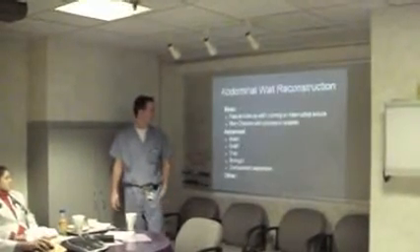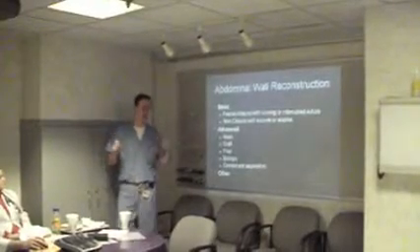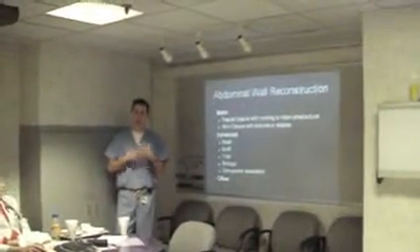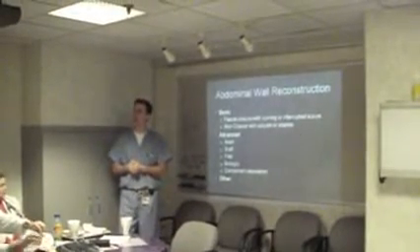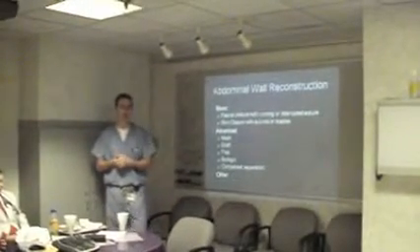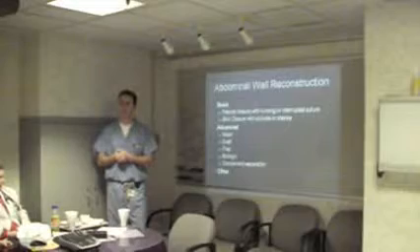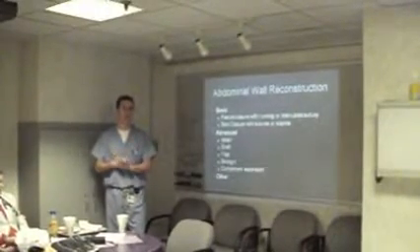Next slide. We're going to start off with some basics today. We're going to talk about how to close the abdomen, both in a basic planned situation as well as in a situation where the patient's in dire straits, and also when you do a planned delayed reconstruction.